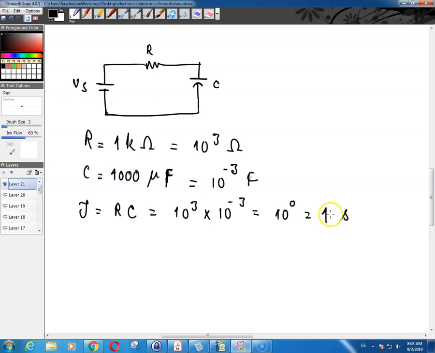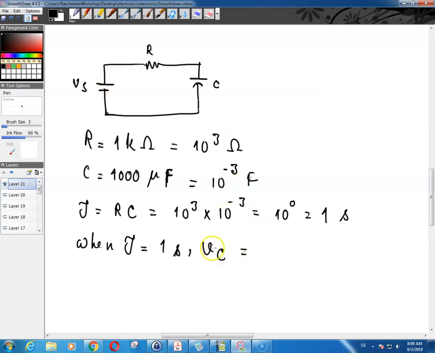So what that means is that we said that when tau is equal to 1 second, the potential difference on your capacitor basically reaches 63% of the supply voltage.